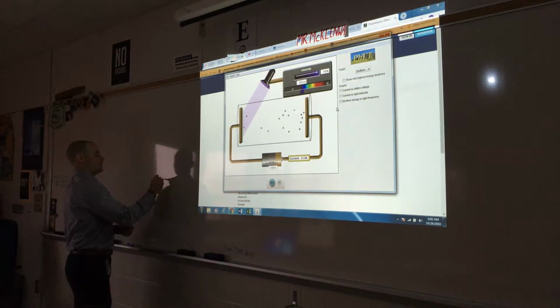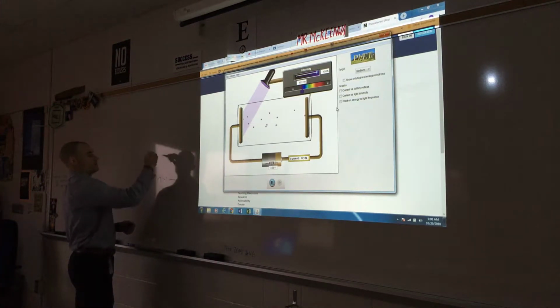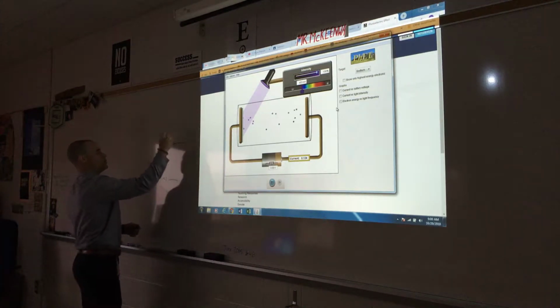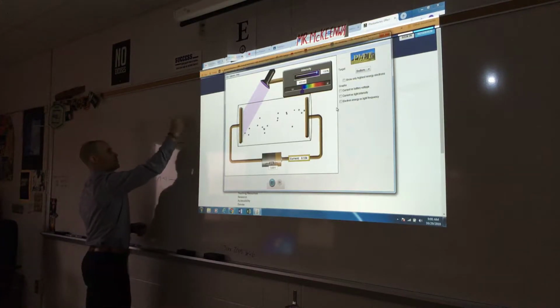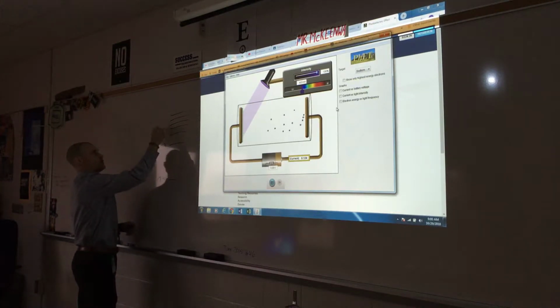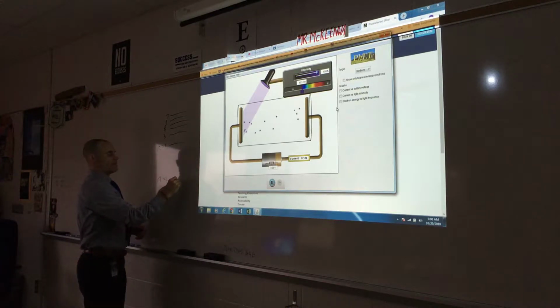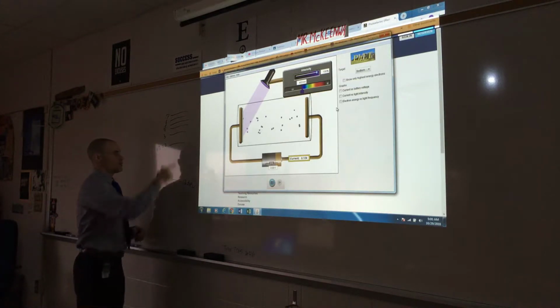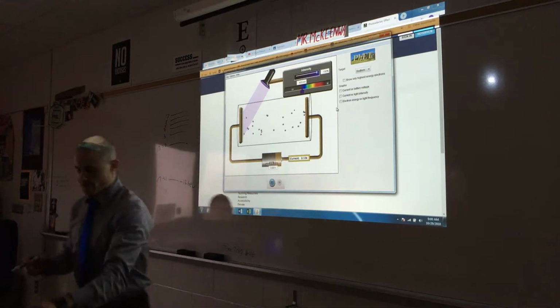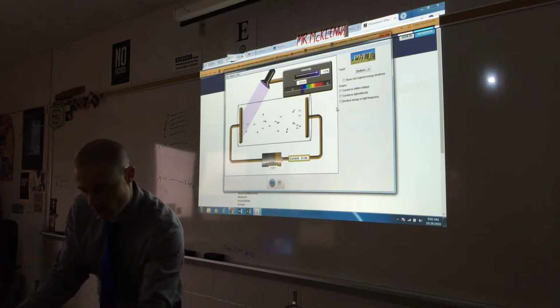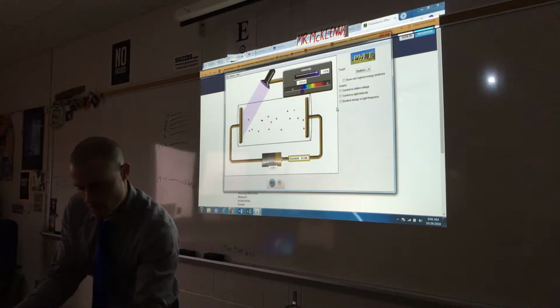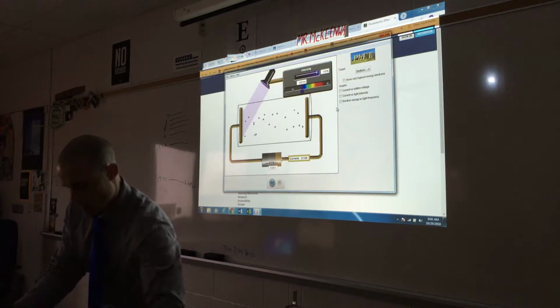So you have your n equals 1, then n equals 2, and then 3, 4, 5, 6, 7. This one is negative 13.6 electron volts. This one is negative 3.4, I want to say. You guys with me here?